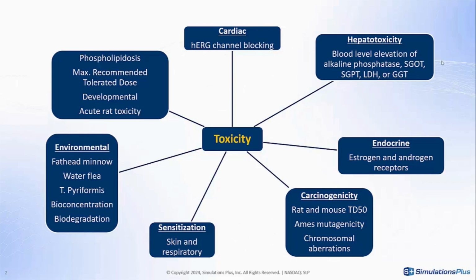the next few slides. Hepatotoxicity consists of blood level elevation of various enzymes that would indicate liver injury. These models were created based on data partially from an adverse effects government database. The adverse effects are normalized to the number of prescriptions.